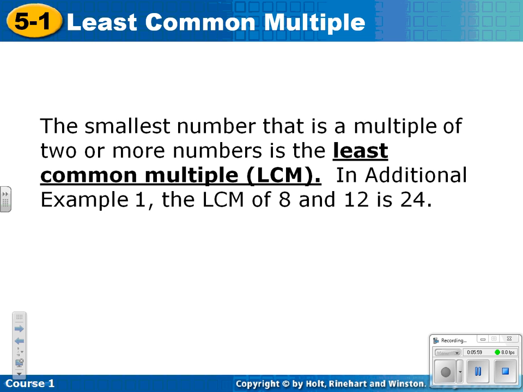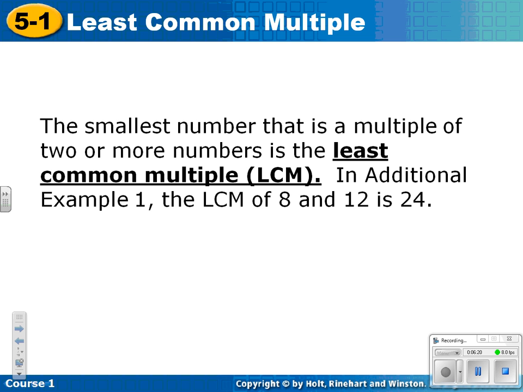We'll just stop there. Good. Multiples are the numbers that you multiply, it's like skip counting. So if I said the multiples of 5, you would say 5, 10, 15, 20, 25, 30, and so on.